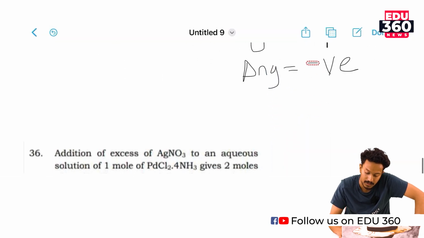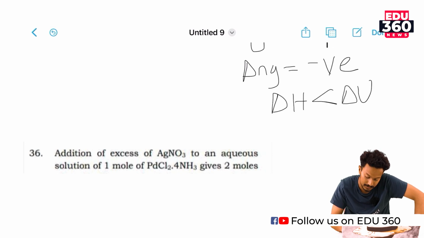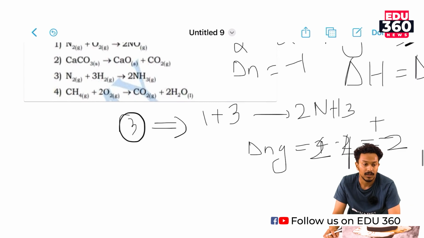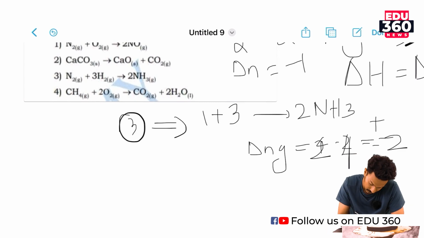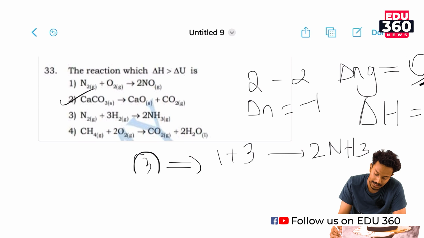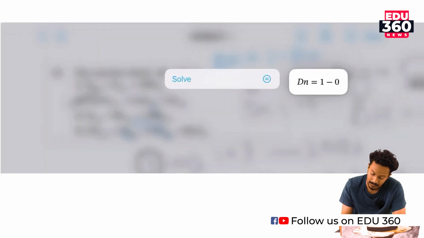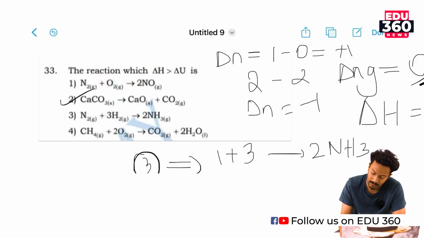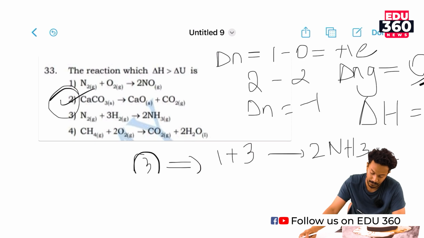So this would be delta H less than delta U, which is wrong for this question. The correct option would be option number 2, where delta Ng is 1 minus 0, which is equal to 1, a positive value. Okay, the correct option would be option number 2, calcium carbonate, which is reduced to calcium oxide.